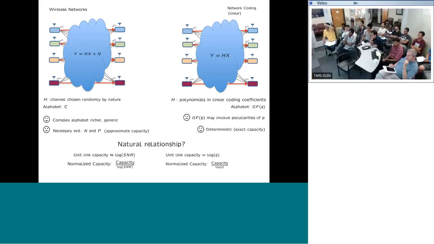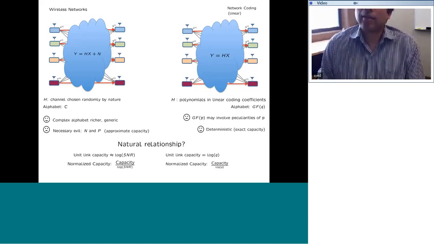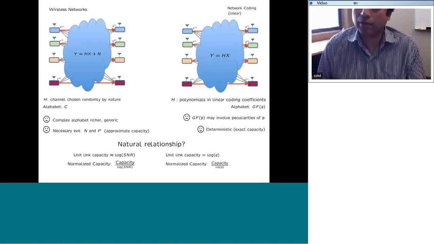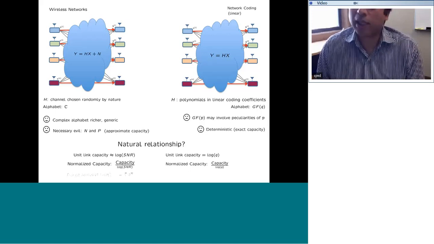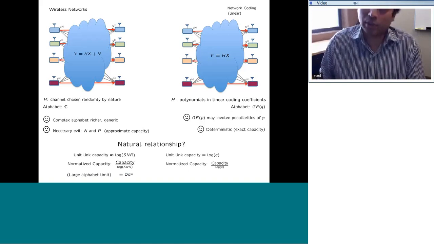And you can go further and say, well, even though I do normalize by log SNR, my capacity may still depend on SNR. So if I also want to get rid of the dependence on SNR, so the only thing that's left is just the topology of the network, that would be the large alphabet limit. That is, even in network coding results, very often you will use this argument that if the field size was large enough, then this will work. The same thing you're doing in wireless networks as well.